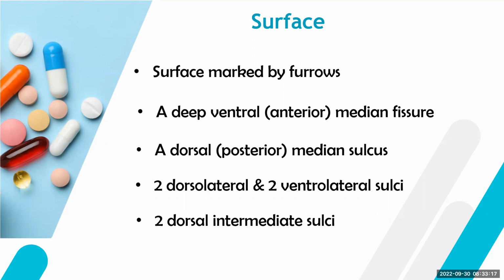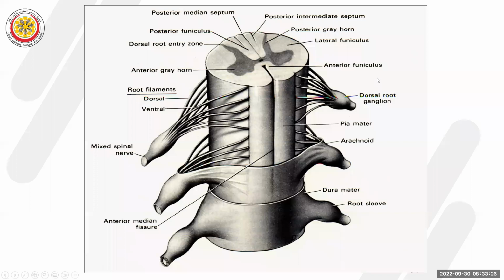Posteriorly, we have a dorsal column, but it has two bundles. The first thing you need to know, which you already saw in histology, is that the anterior median fissure is deep, so it is a fissure, while the posterior one is just a sulcus.